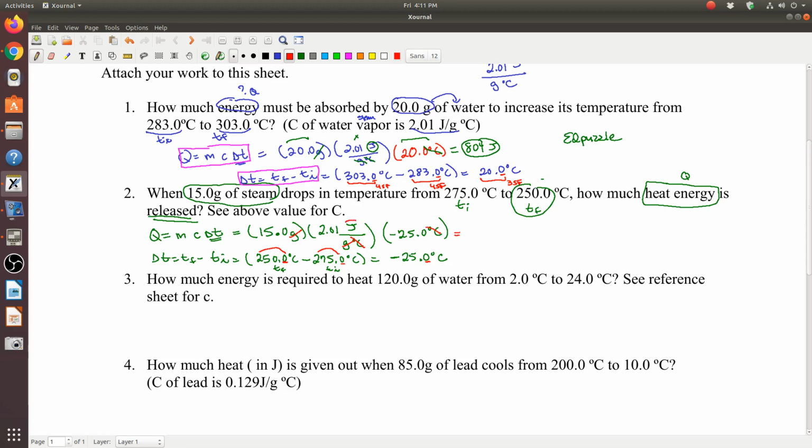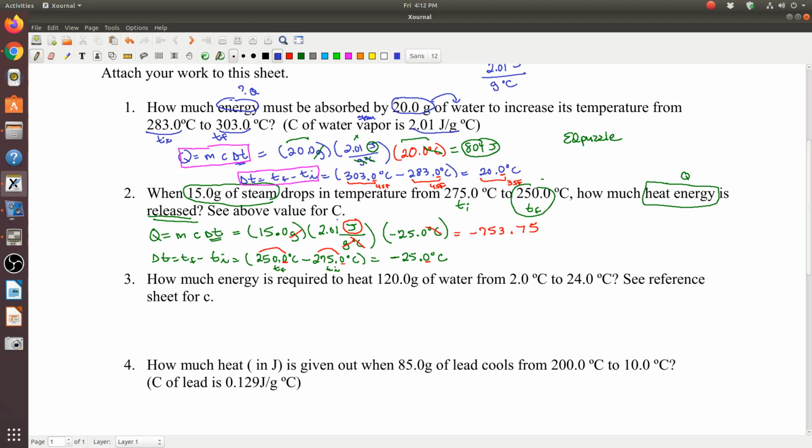The unit that didn't cancel is joules, which is good because that is the unit that I need. And now I multiply 15 times 2.01 times negative 25.0, and the answer that I get is negative 753.75.